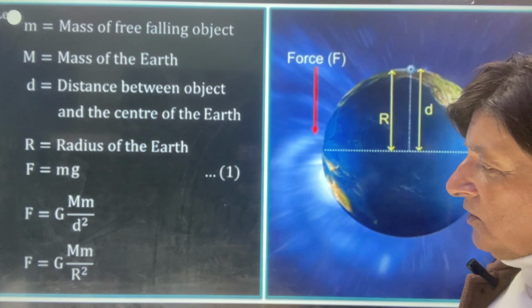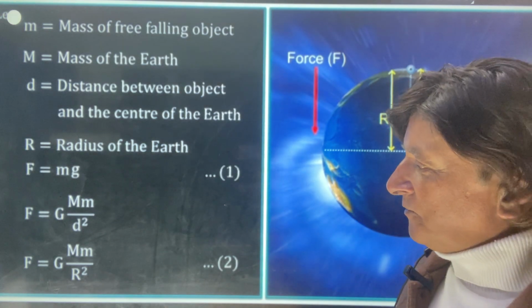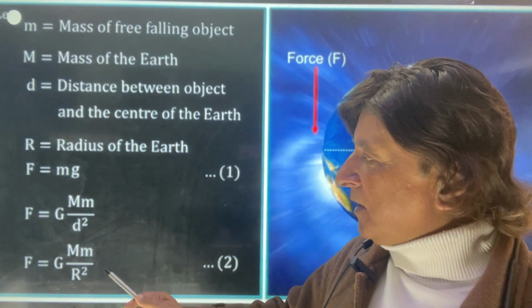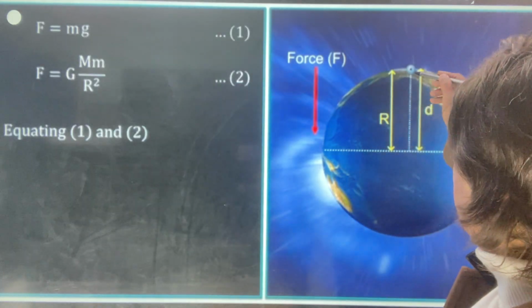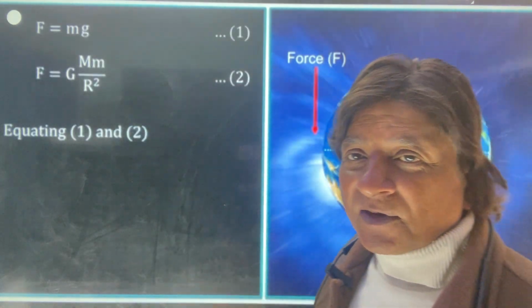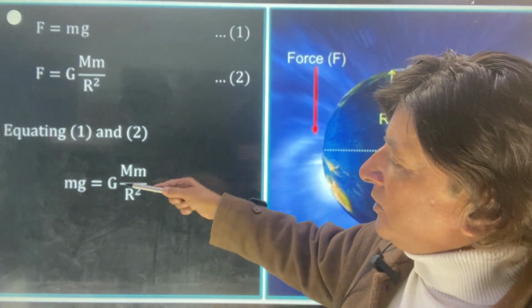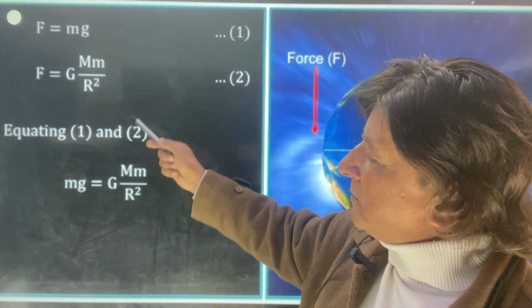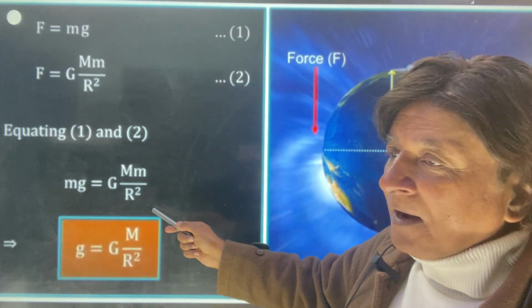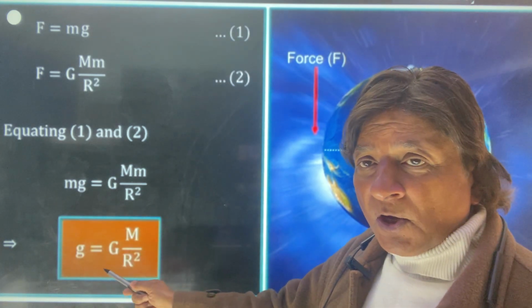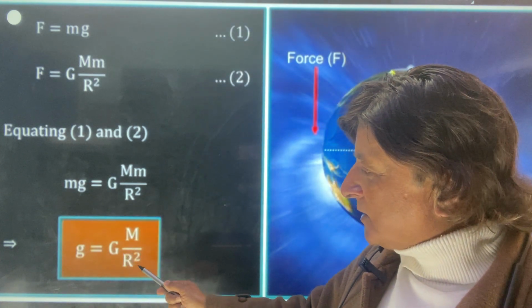R is the radius. So F is equal to G Mm by R square. If the object is at a distance D, then G Mm by D square. Now if you equate the two, mg is equal to G Mm by R square, and g is equal to GM by R square.